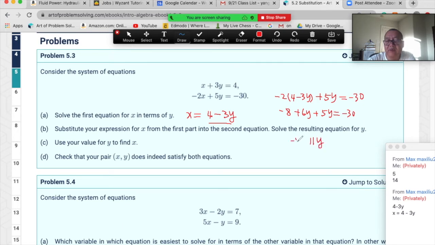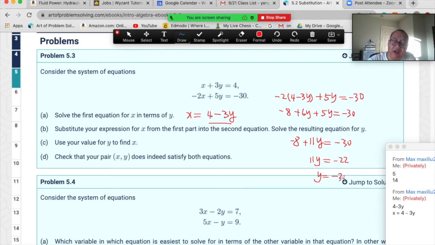Then here it's minus 8 plus 11y equals negative 30. Then both sides plus 8, you get 11y equals negative 22, right? So both sides divided by 11, you get y equals negative 2.